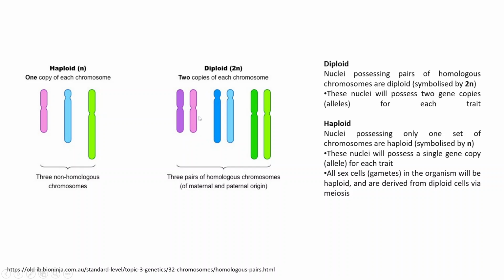However, the allele of that gene might be different based on the phenotype of that individual. Maybe there's a dominant allele here and a recessive allele here of the same gene. But the positioning and frequencies of these genes are exactly the same. So they are the corresponding chromosomes, one from the mom and one from the dad. That is the same case with these other chromosomes as well. So these are homologous chromosomes.